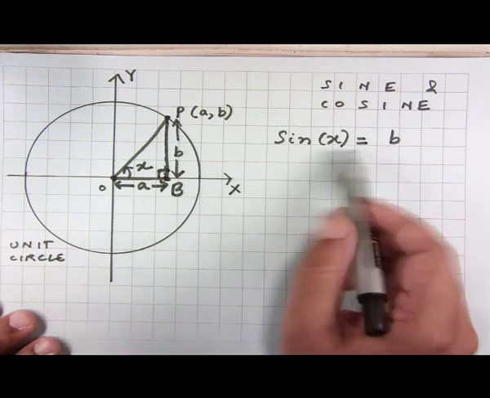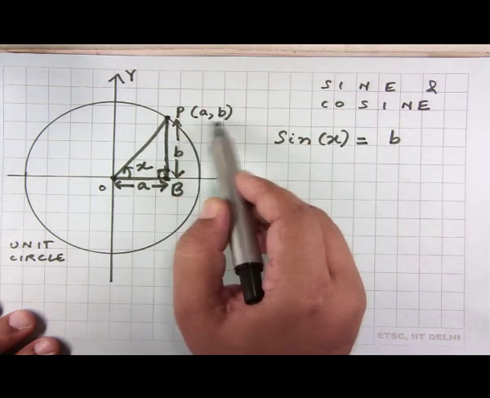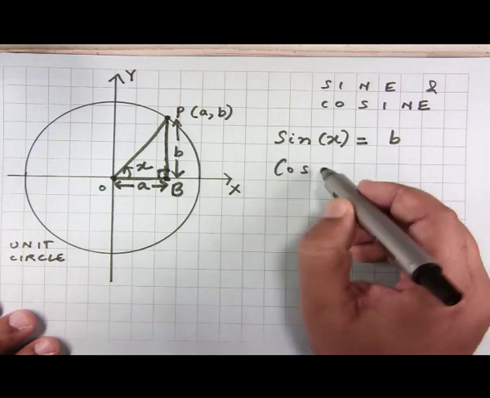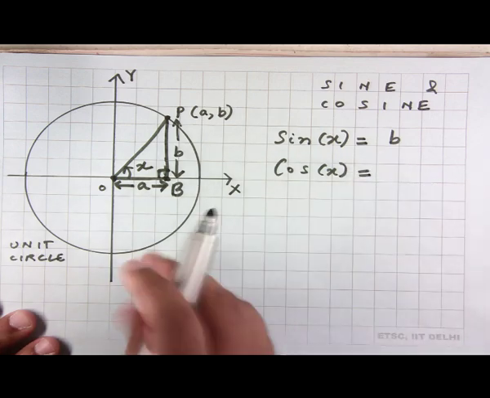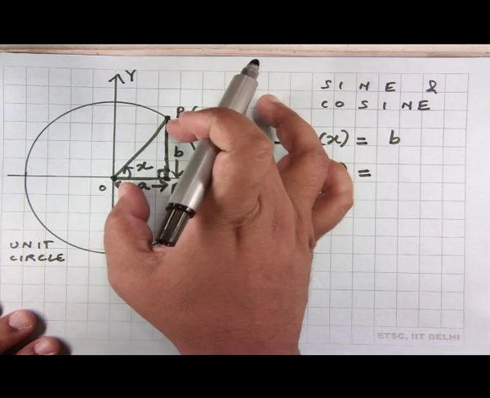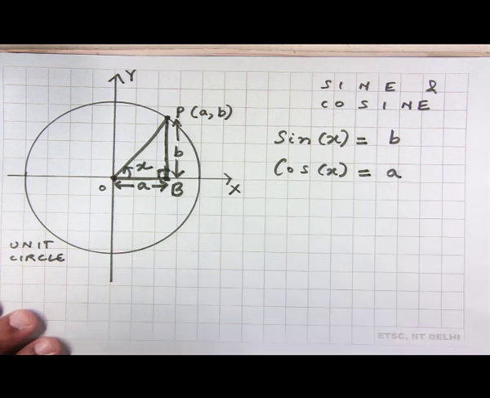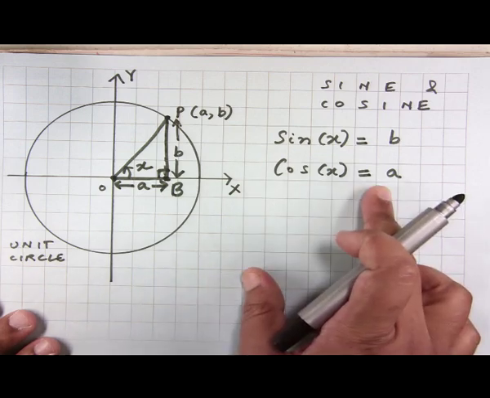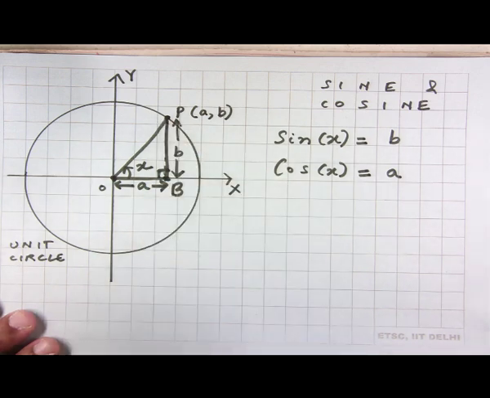So, sin of x is simply equal to the y coordinate of this point P, and similarly cosine of x will be equal to A by the hypotenuse, which is again of unit length. So, it is simply A. Cosine of x is simply equal to the x coordinate of this point, which is A.